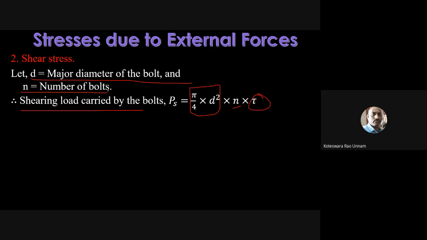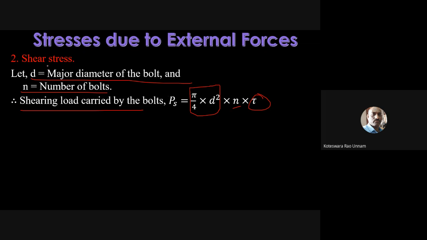Then you can calculate the shear load carrying capacity of n number of bolts. But mind you, earlier in calculating the torsional shear stress due to initial tightening, we used Dc. But here we are using D only, not Dc, because here we are taking the major diameter of the bolt.